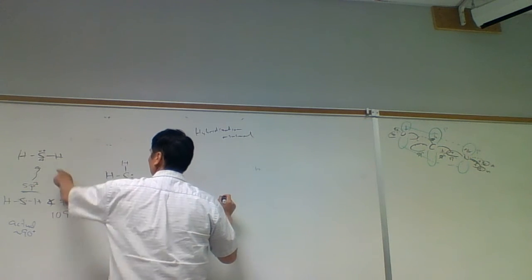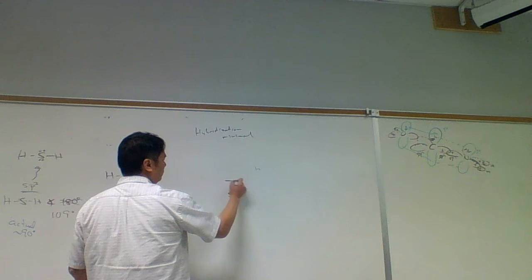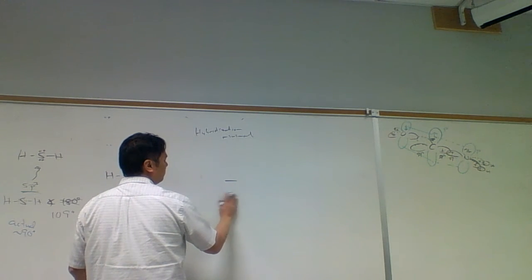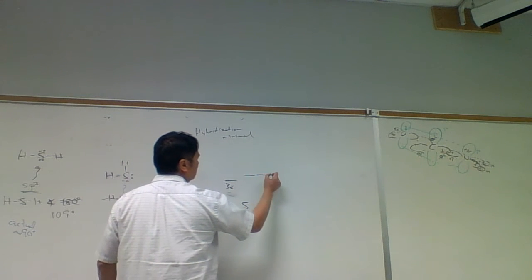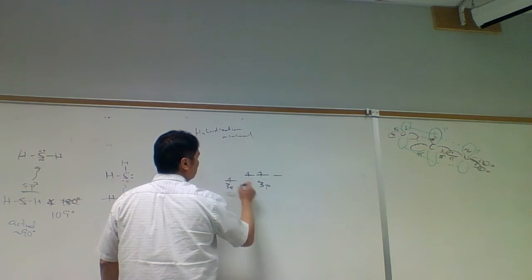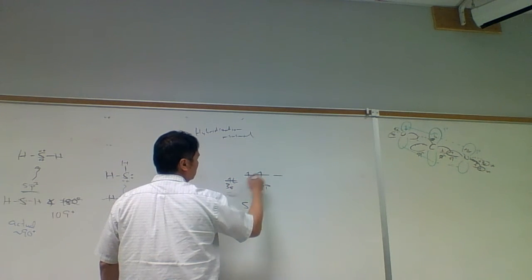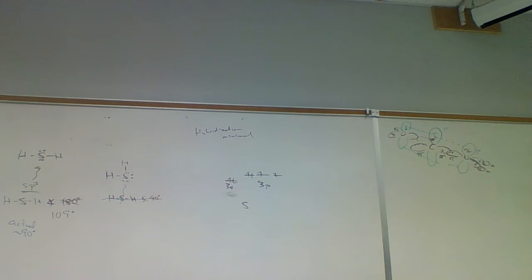In other words, what we see is something like this. Sulfur is going to have an s orbital. This is 3s and 3p. Normally sulfur has how many valence electrons? 6 valence electrons, like this.